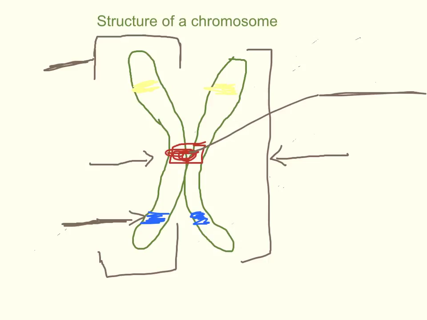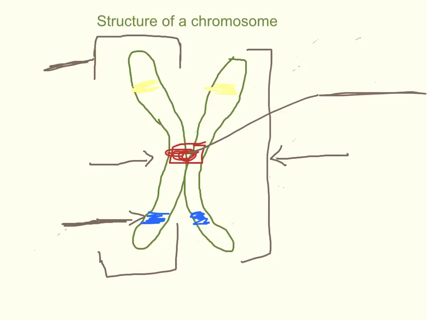So this here is what we would have during G1 before the S phase. That is a chromosome all by itself before it is replicated. Once they're together, then it's a chromatid.